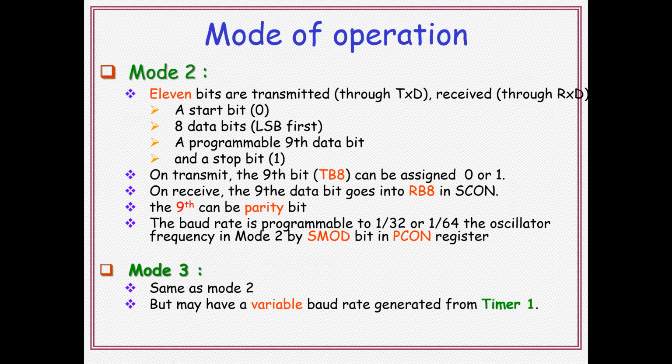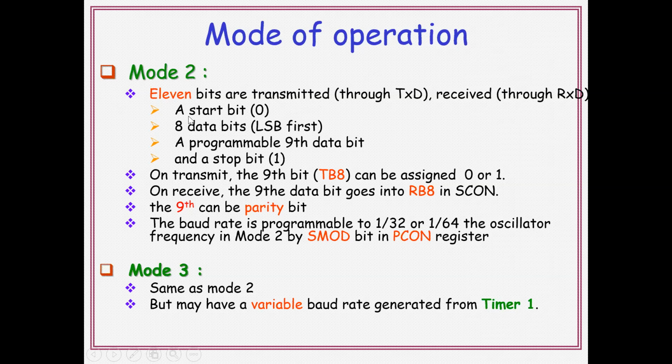And mode 2. In this mode 2, bits are transmitted through TXD and received through RXD. So why are we discussing TXD and RXD? You know that in mode 0, data transmission and receiving is only through RXD, and TXD supplies the clock pulses, whereas in the remaining modes, transmission is through TXD and receiving is through RXD. Then mode 2 is an 11-bit mode.